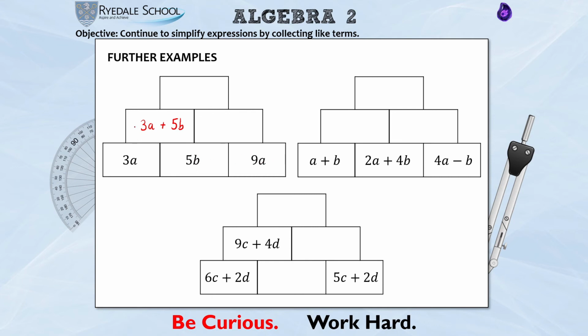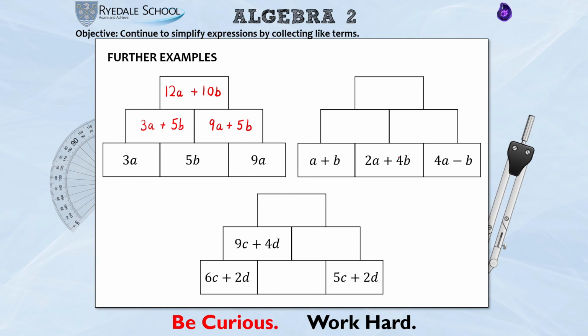But I'm going to write it in the same order as this because it'll make adding this together a little bit easier at the end. So I'm going to write this one as 9a plus 5b. Then to get my top block, I need to add my a's. That would be 12a. And I need to add my 2 lots of 5b's, which would be 10b.